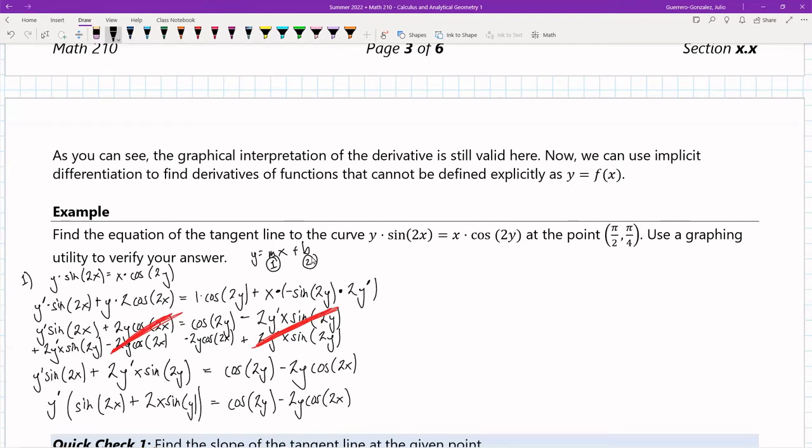Okay? So now all I get to do is divide by all of this, and that'll get us our y prime.